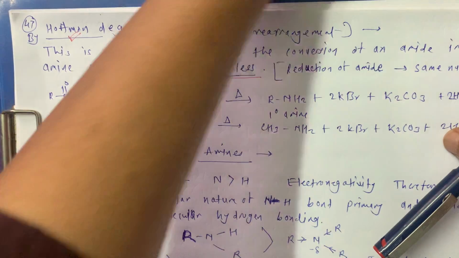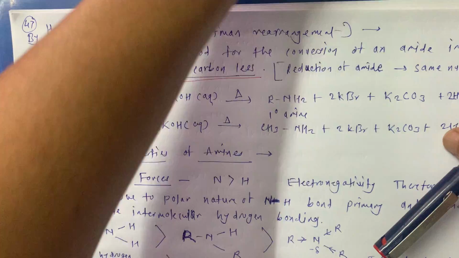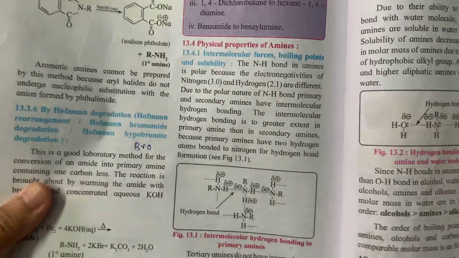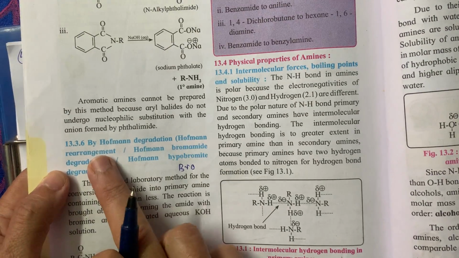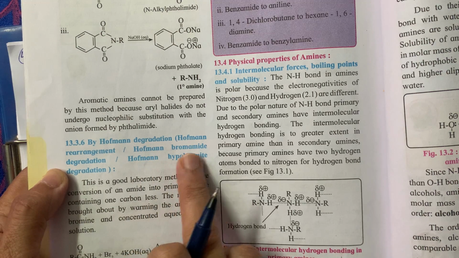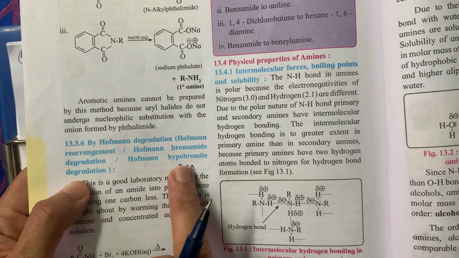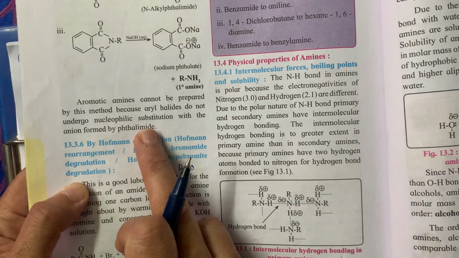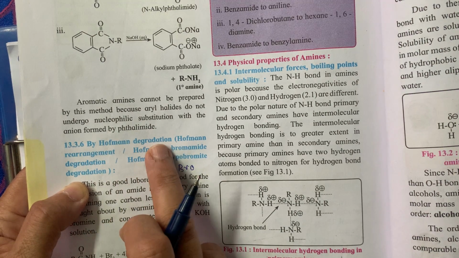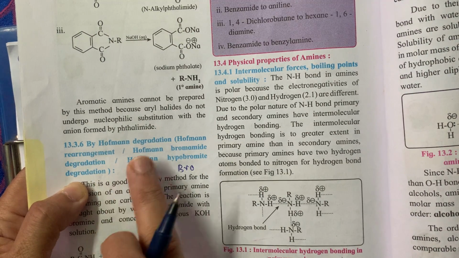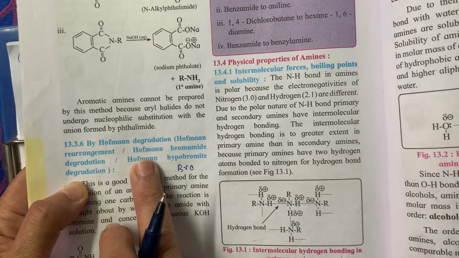In our textbook, so many names are given for this: Hofmann degradation, Hofmann rearrangement, Hofmann bromamide degradation, or Hofmann hypobromite degradation. All these names are for the Hofmann degradation or Hofmann rearrangement. Try to remember all these things.